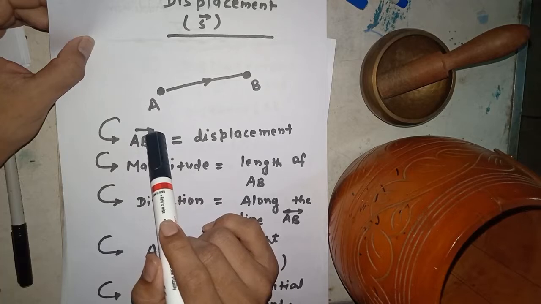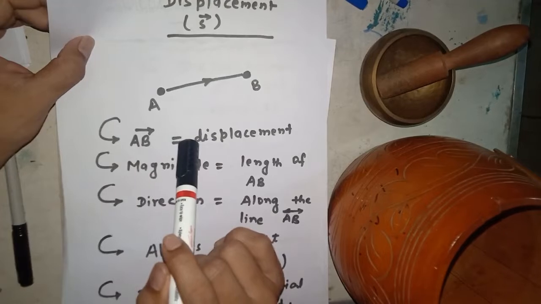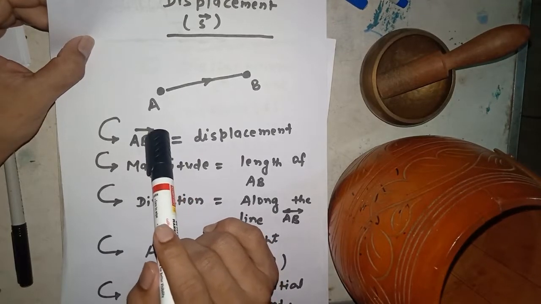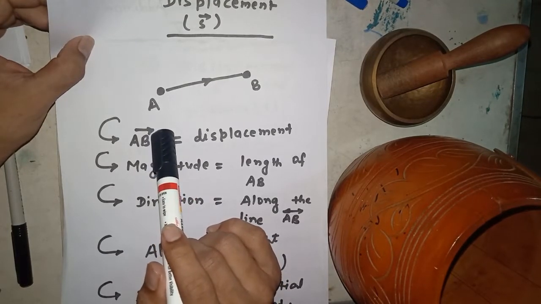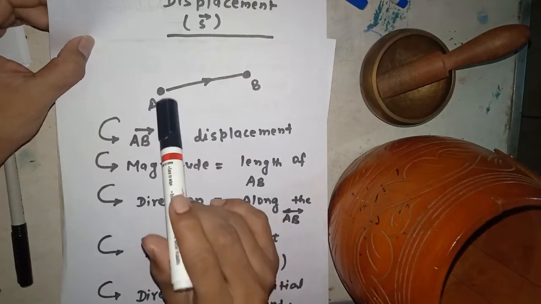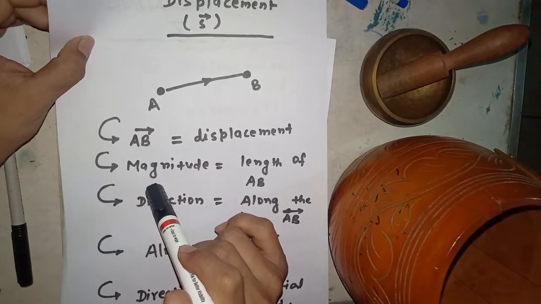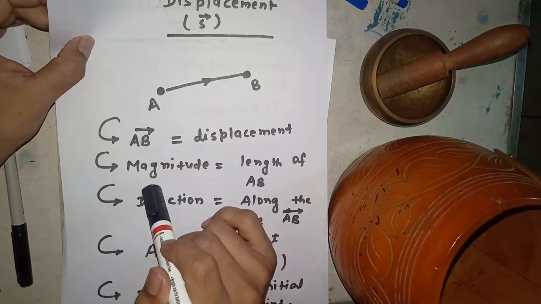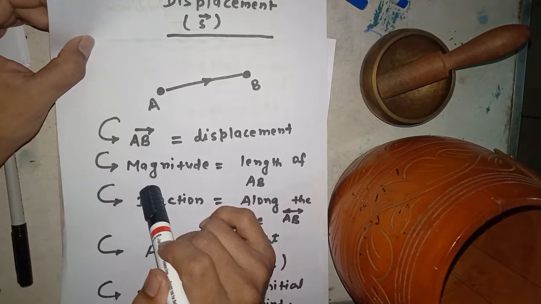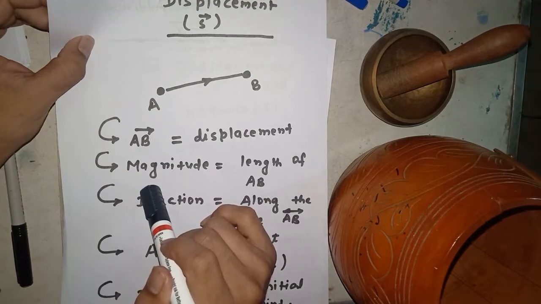Surely, after observing these paths, you can say the smallest distance is always a single straight line from A to B. So the smallest or shortest distance between 2 points is the straight line constructed between A and B. Have you got my point? So displacement is defined as the shortest path length between two positions or two places or 2 points. It is the definition.